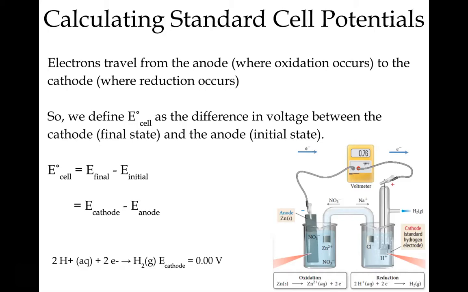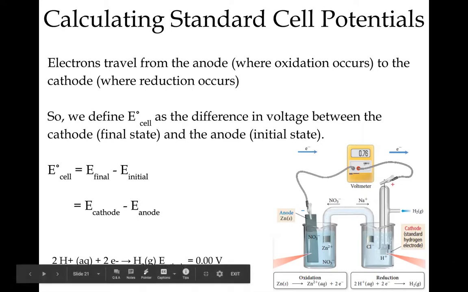And so in this case, we can say that this SHE, this 2 hydronium ions plus 2 electrons give us hydrogen gas, is going to be the E cathode, okay, because we're saying that the standard hydrogen electrode is on the cathode side, and that's going to be equal to 0.